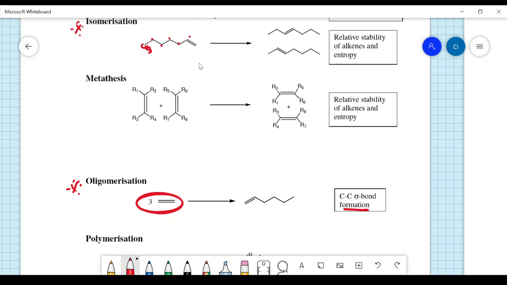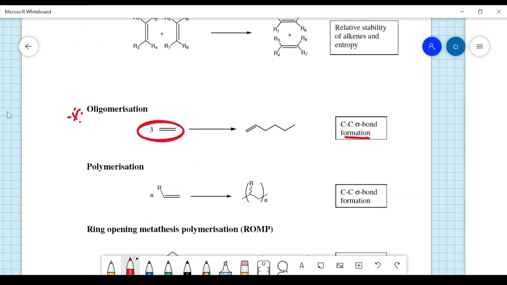Isomerization is the same units, just the change in the double bond system from position 1 to position 2, 3, 4, and then position 5 like that. So the change in the double bond position will be called the isomerization. And in a metathesis, you have seen that it is just changing the geometry. So that is also a kind of isomer.